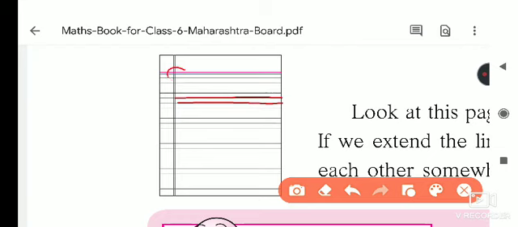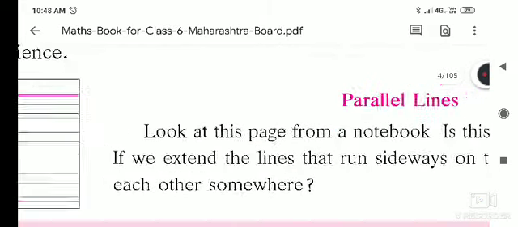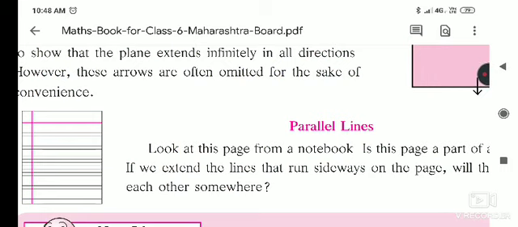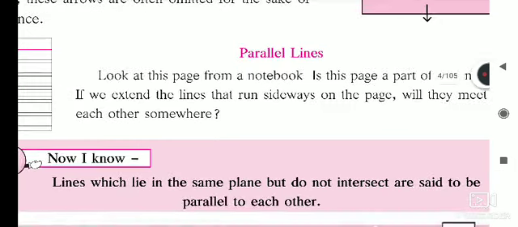But if you see here, they intersect, means the line which is coming from this side and the line coming from this side intersect at this point, and so they are not parallel lines, but these two are parallel lines. So where do we see parallel lines? In window panes. After that, in your notebooks, or any flat surface, the opposite sides are parallel lines.